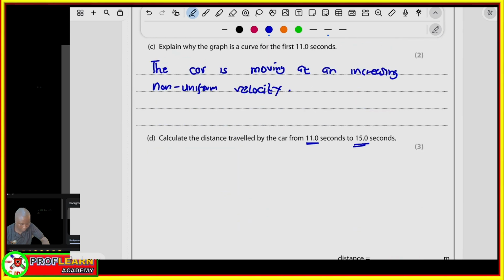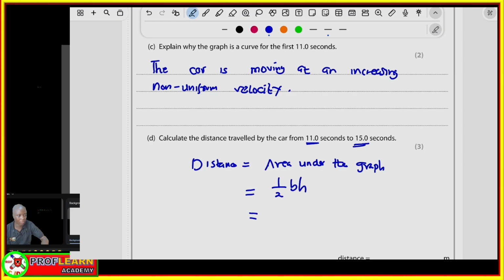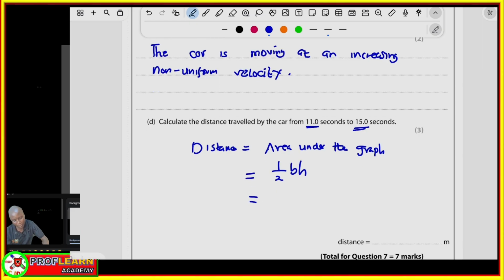So we can say distance is equal to area under the graph, which is going to be the area of a triangle, half base times height, because in our case here, the shape that we have is basically a triangle.